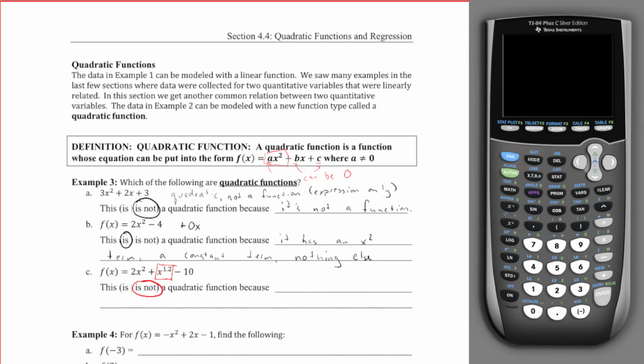So this is not a quadratic function because quadratic functions can't have x to the 1.2, only x squared, x, and constant terms.